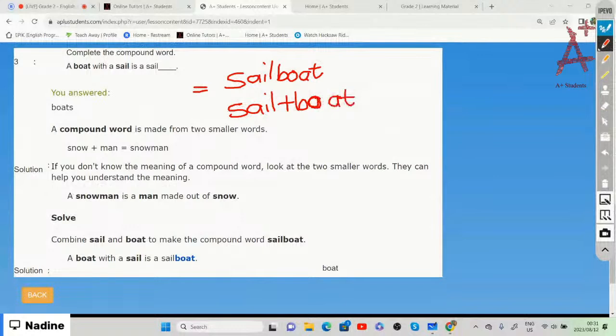So sail plus boat, and that is sailboat. It is a boat with a sail, and we call it a sailboat. We had to combine these two words, sail plus boat, in order to make the compound word, which is called a sailboat.